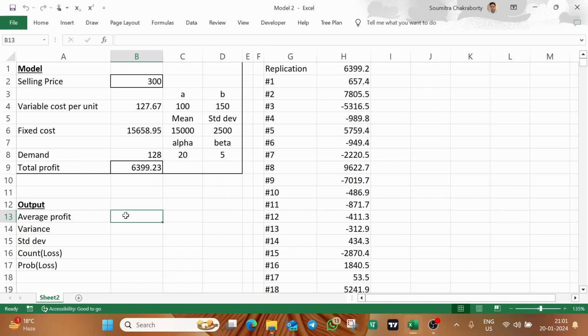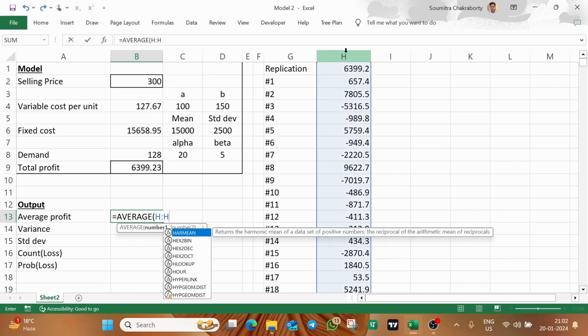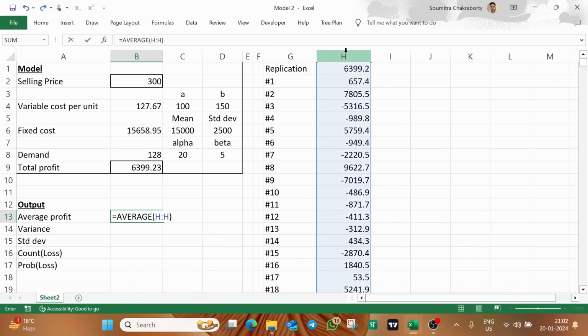So now using this simulation model, we will calculate the average profit. How to calculate? I have already explained these things in the previous video. So again we will use the average function. Average of which column? This time H column. So now can you see what is the problem here?